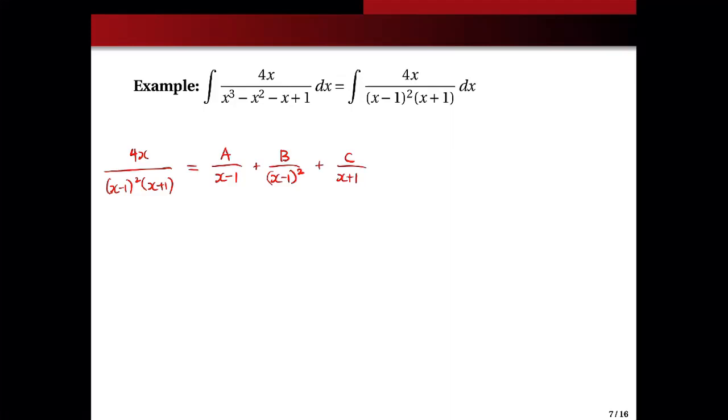And then you combine them again such that the denominator is x minus 1 squared, x plus 1. For the numerators, the denominator of a is x minus 1 only, but we need x minus 1 squared, so I am missing x minus 1. We also need x plus 1, so I am missing x plus 1 in here.